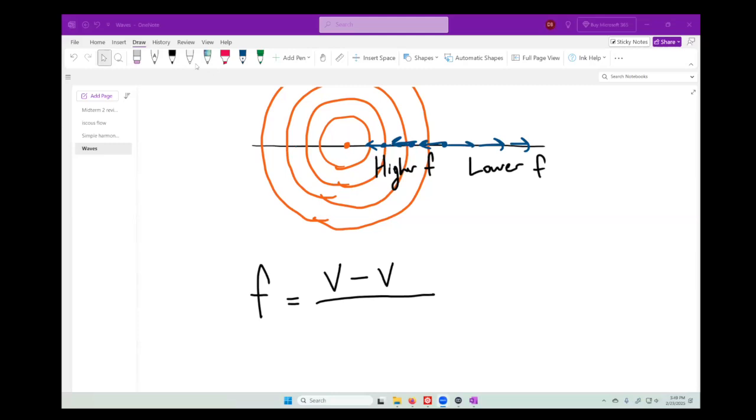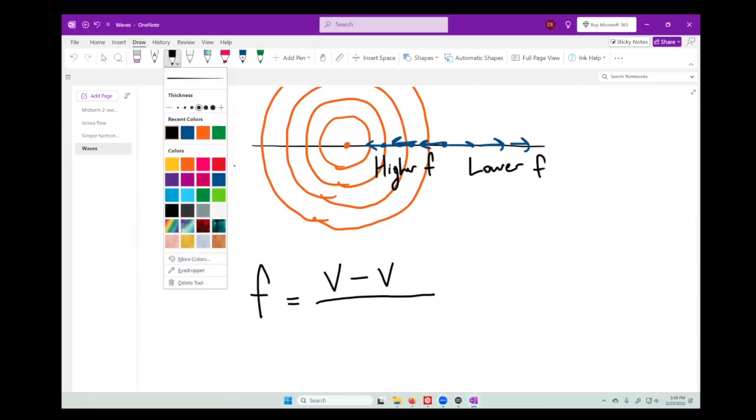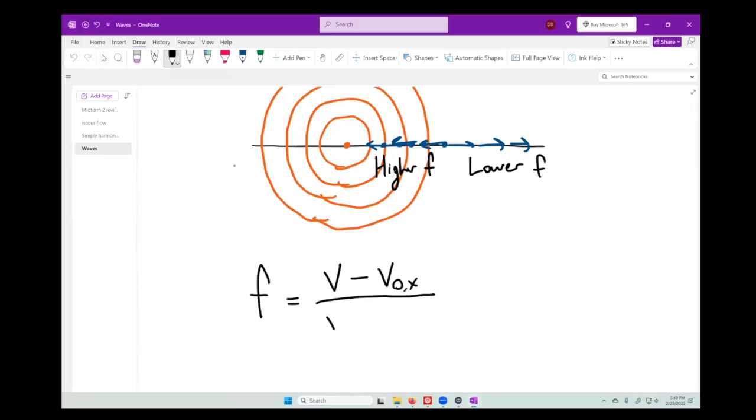Okay, it's the observer on top. Sorry, this is my first time actually teaching the Doppler effect in this class, so I don't have it burned into my memory.